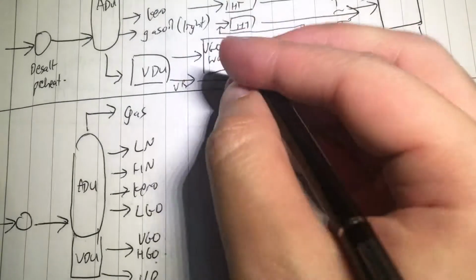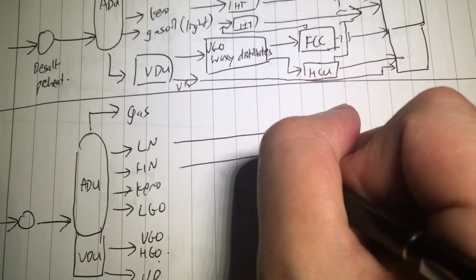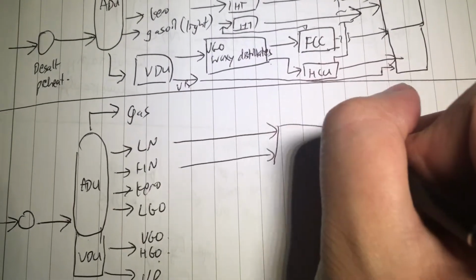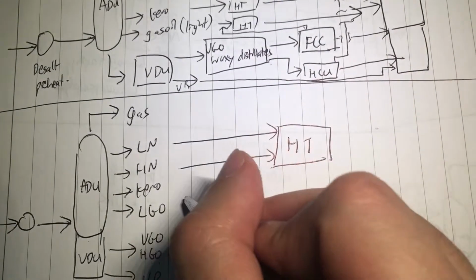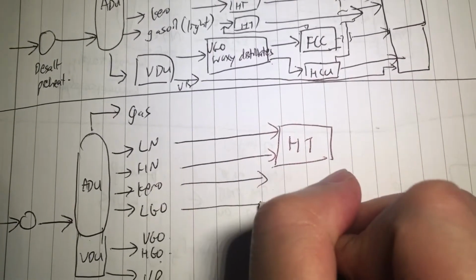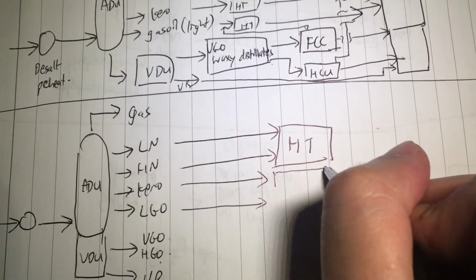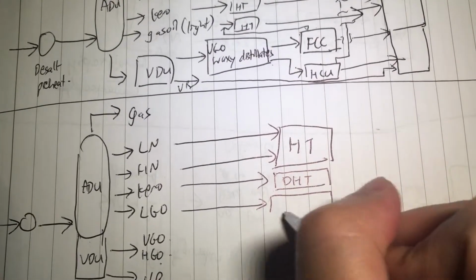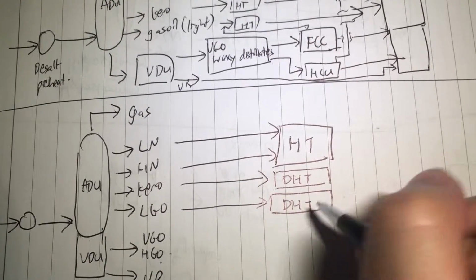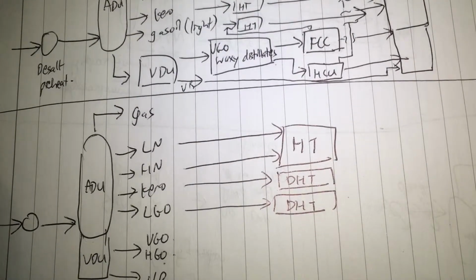Now again, for neatness' sake, I will just draw one big hydrotreater here. For the naphtha cuts, distillate hydrotreater. I'm just giving you as many of the names as I can. So these are the same units, they just come under different names.